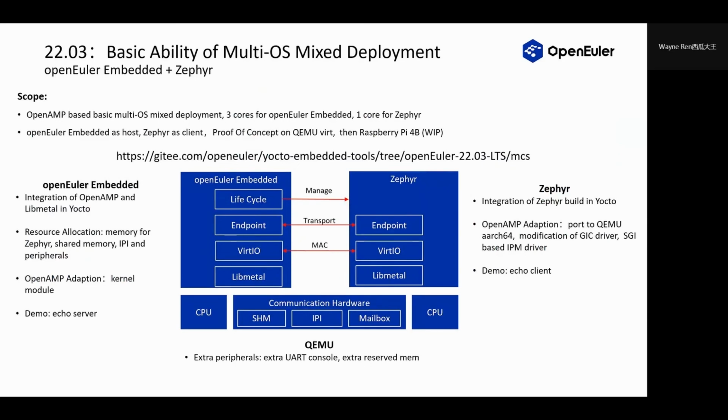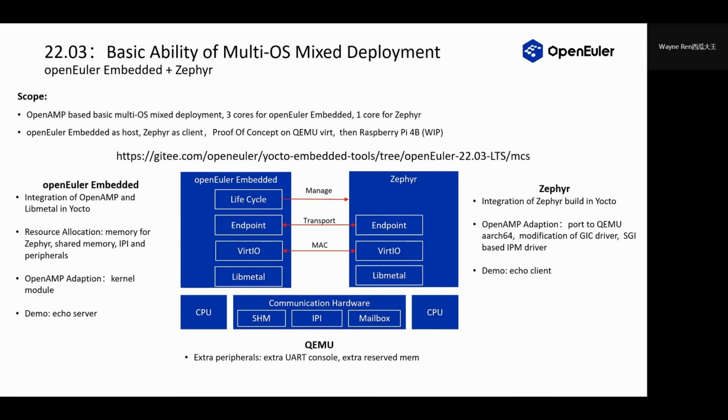Our work is based on OpenAMP, with one core for Zephyr as client, other cores for openEuler embedded as host, and we use the QEMU virt platform, which is ARM Cortex-A15, as a platform for proof of concept. And recently, we are working on support for the Raspberry Pi 4B module.